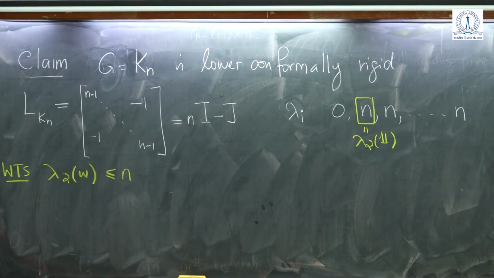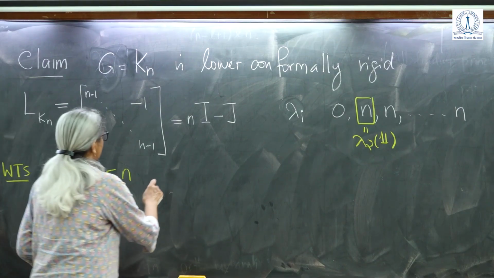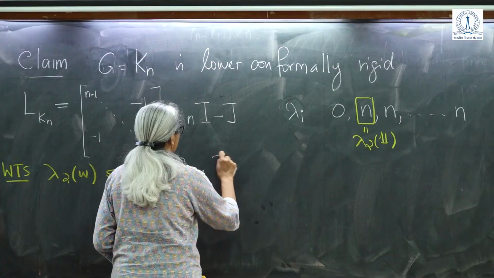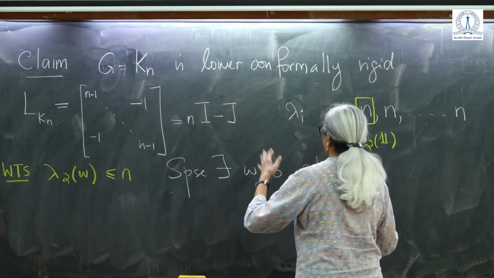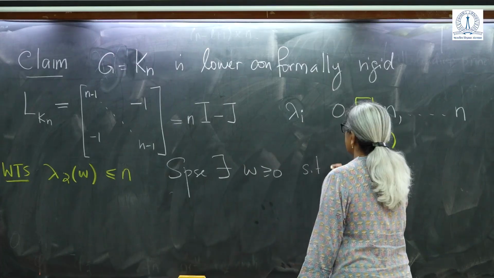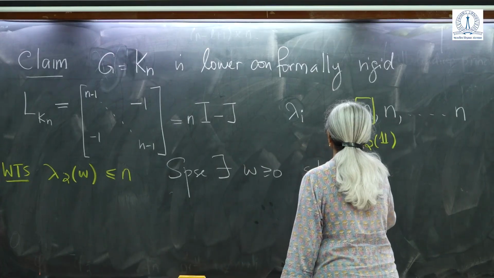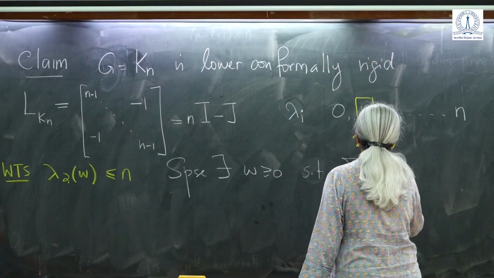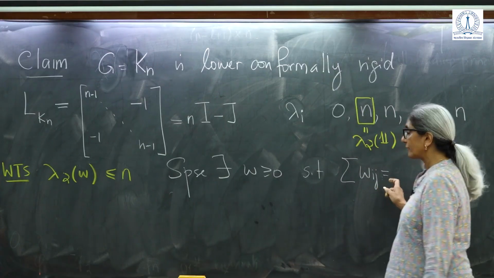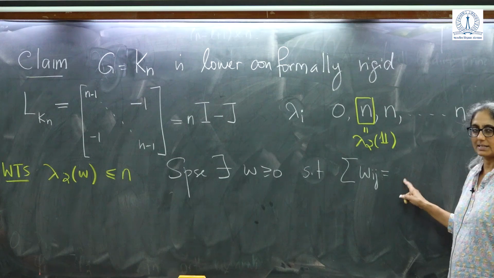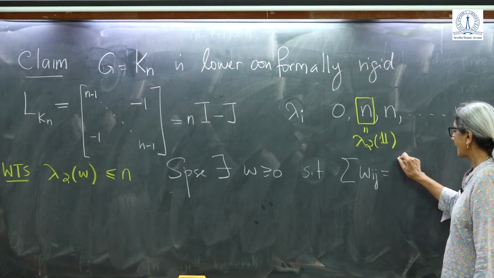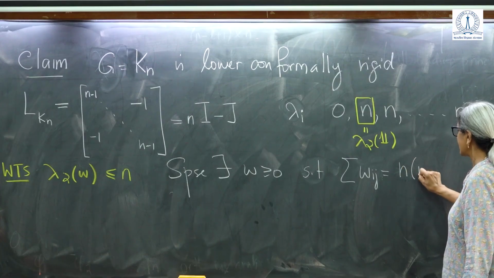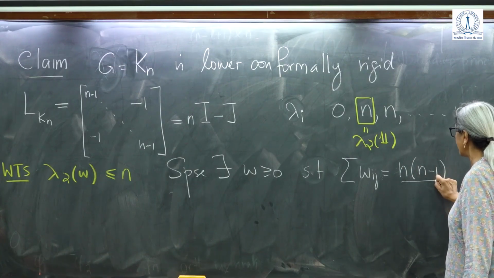Okay, so suppose this is not the case. Suppose there exists a W, non-negative, so it's also weighted, and normalized, such that the sum of the Wij's is the number of edges in the complete graph. How many edges are there in the complete graph? n times n minus 1 divided by 2, right?